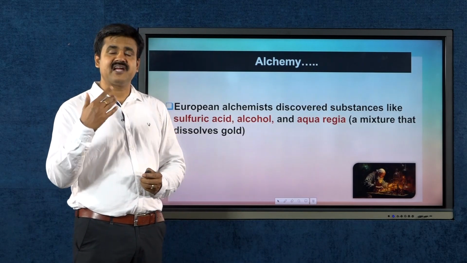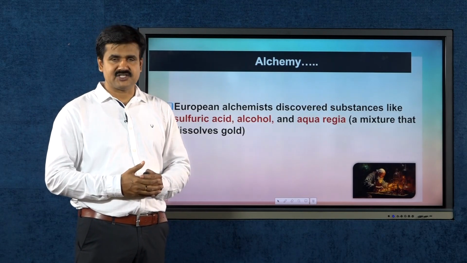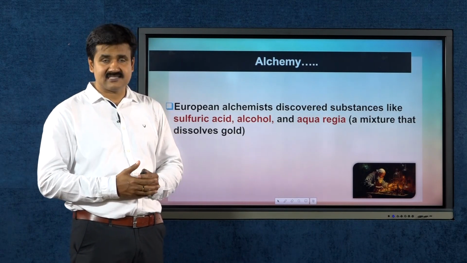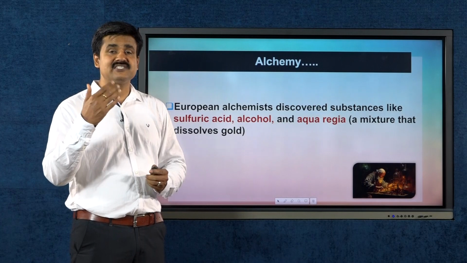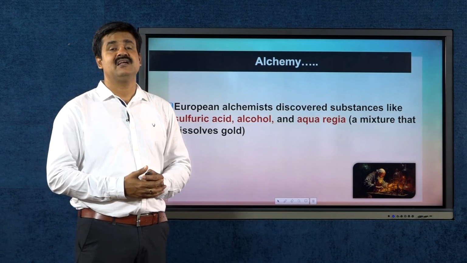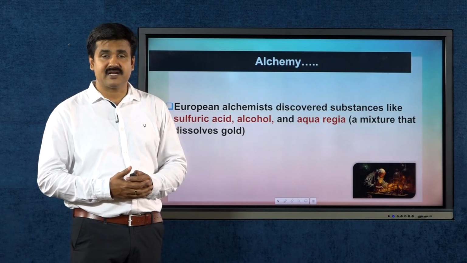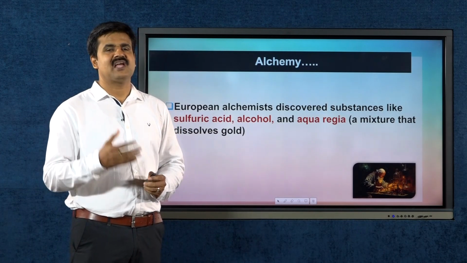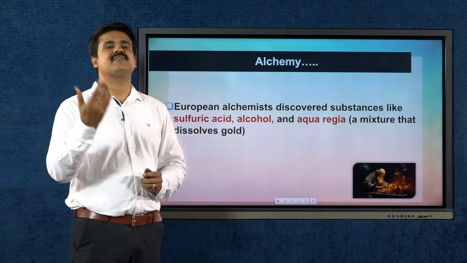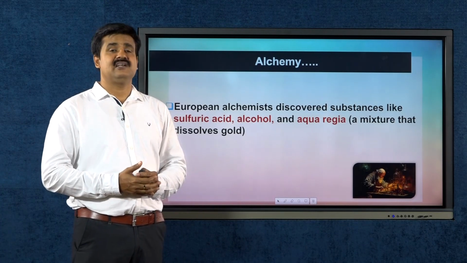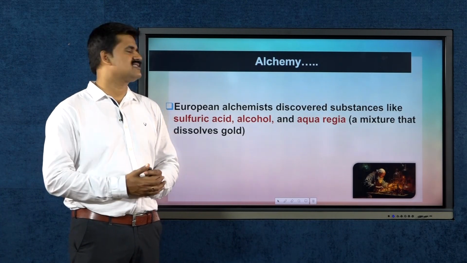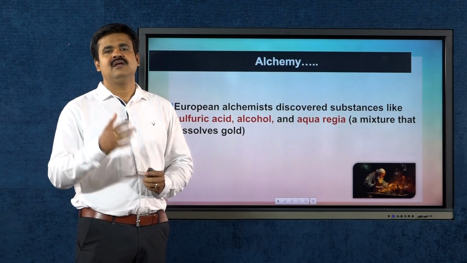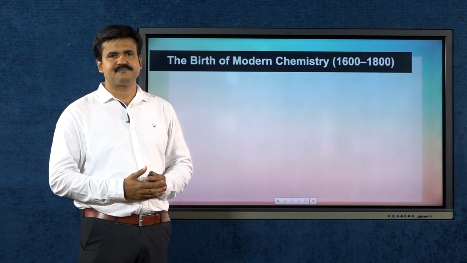Concentrated nitric acid and concentrated hydrochloric acid are mixed together in a 1:3 ratio to produce a solvent that is nothing but aqua regia. Aqua regia can dissolve gold metal. So, alchemists, especially from European countries, discovered substances like sulfuric acid, alcohol, ethanol, and aqua regia.